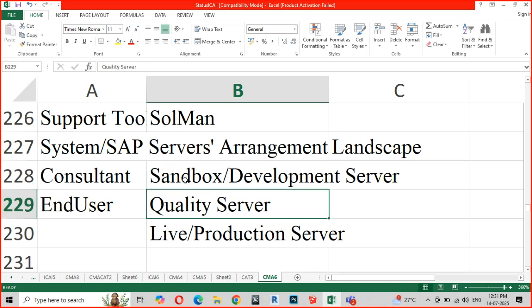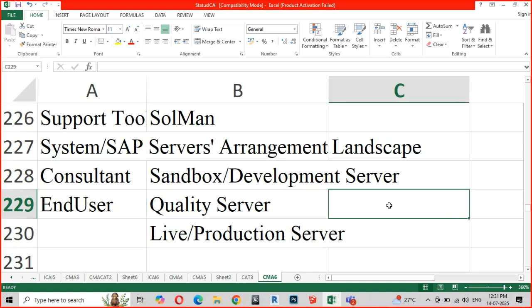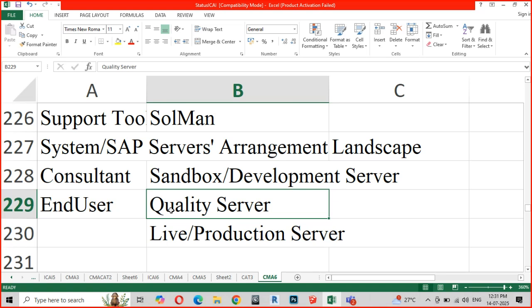From this environment to this environment, the data moves so that the end user is promptly reminded that his issue has been given a solution. Whether the solution meets the requirement or not, that is a different case. Now, his solution has been attended to and he needs to check. Where does the end user check? He checks in the quality environment.